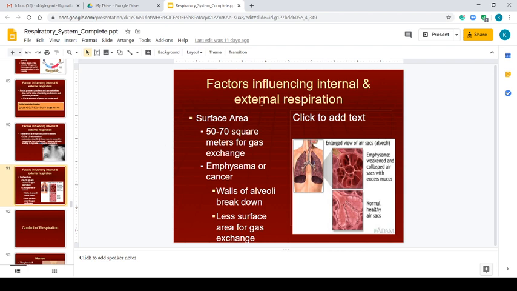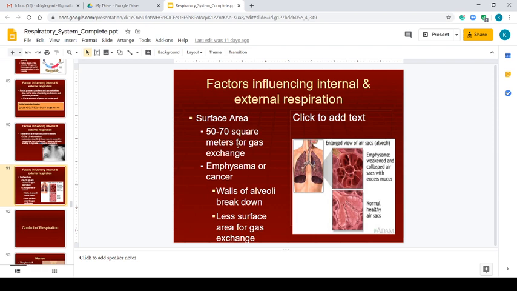All right, so now when we talk about the other things that influence internal and external respiration, surface area, right? We talked about the huge amount of surface area that is involved with the alveoli and all this, right? So 50 to 70 square meters for gas exchange, okay?